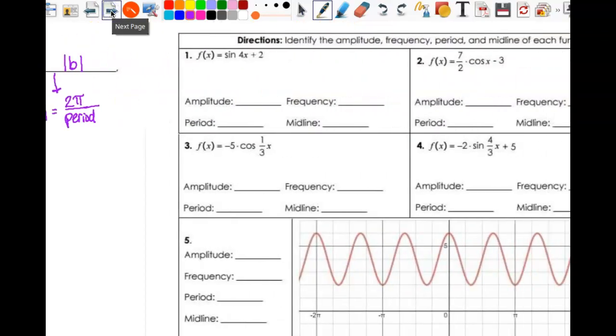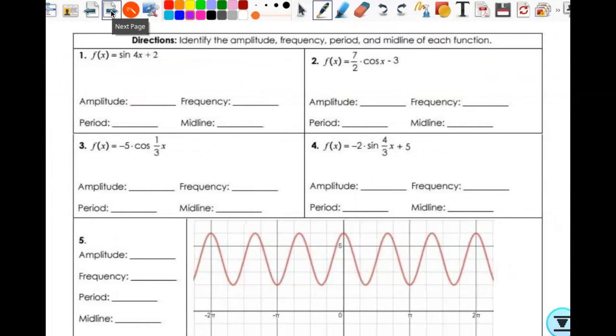All right. So let's look at number 1 here. We're given an equation, and we're going to identify these things. So we want the amplitude. Remember, amplitude is the absolute value of A. So what's the amplitude in this equation? 1, right? If it doesn't change, then it's the same as it was for the parent function. What is the frequency? It's the absolute value of B, which is 4, right?